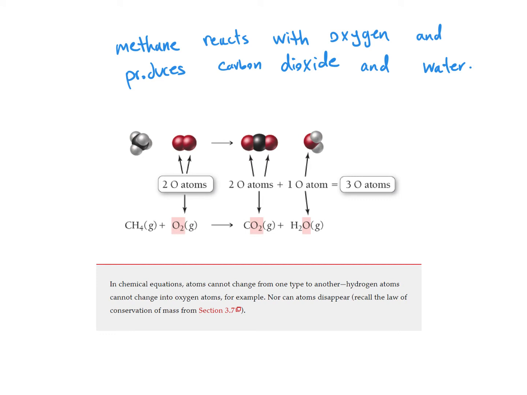Methane, I give you the formula, so you don't have to worry about it. It would be CH4. But for oxygen, when I just say oxygen, you should know that oxygen exists as a diatomic molecule, so you should be able to identify that. And also for carbon dioxide, you should be able to write the formula. And water, you know that is H2O, right?